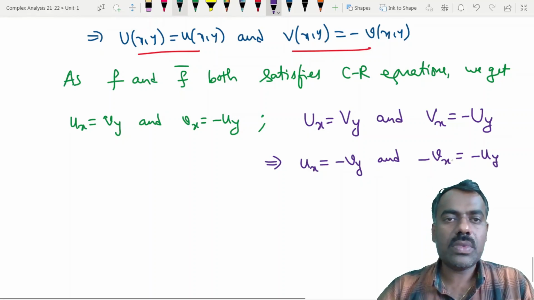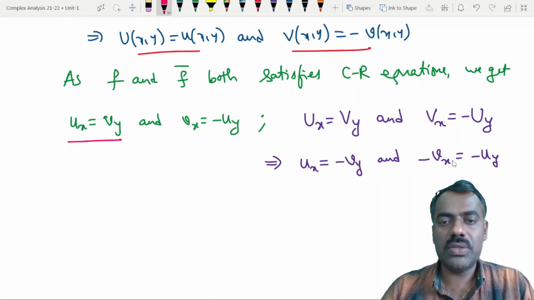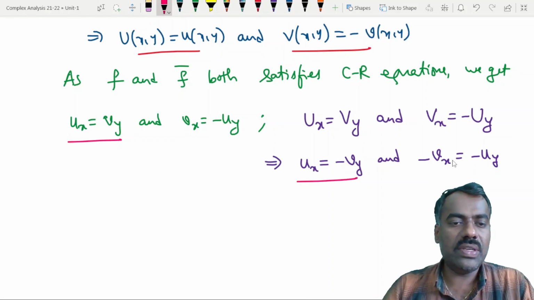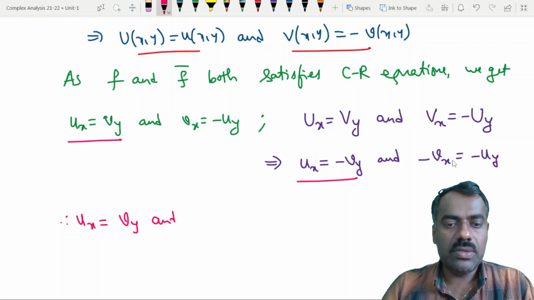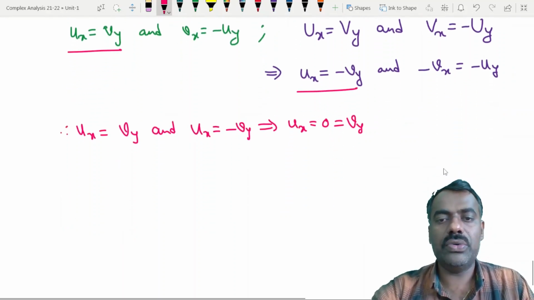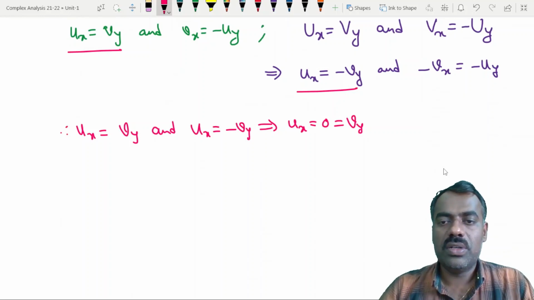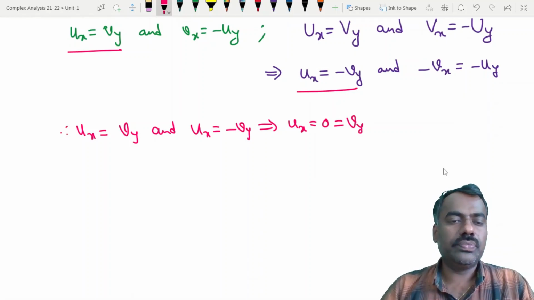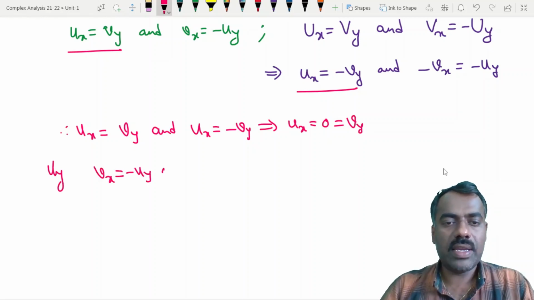Now if we take this one, u_x is equal to v_y and u_x is equal to minus v_y, which implies u_x is equal to 0, which is the same as v_y. Yes, you will get 2u_x equal to 0, right? Similarly, v_x is equal to minus u_y and v_x is equal to u_y.